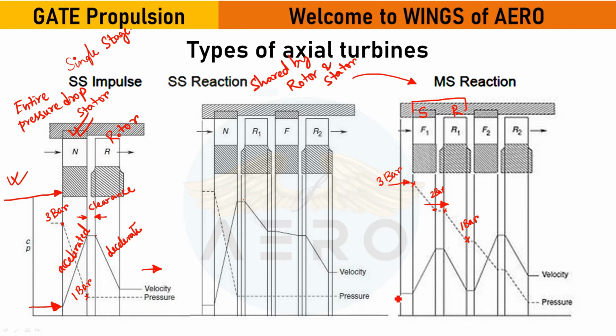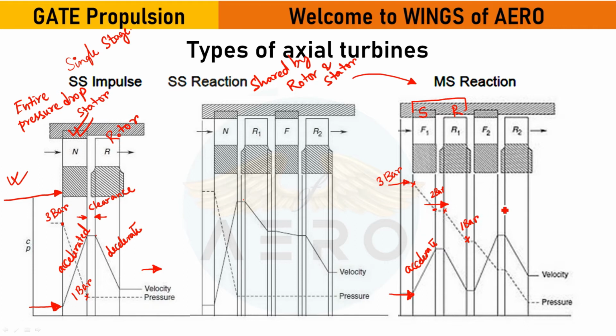Now suppose when the hot gases are entering into the turbine, as I've said, the fixed one is called a stator or a nozzle. The nozzle's main motto is to accelerate, okay.